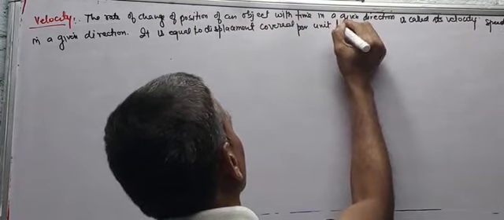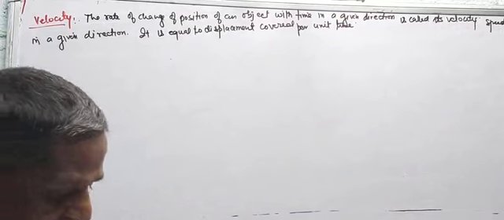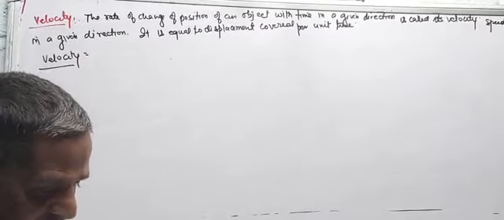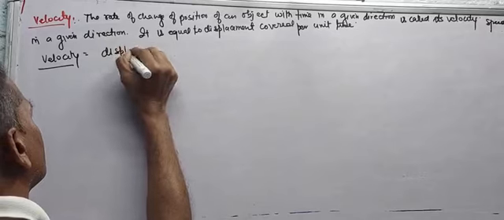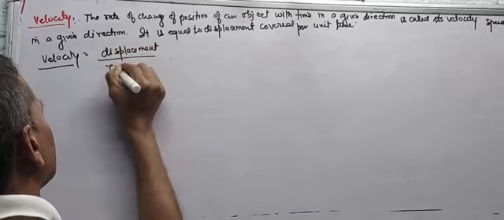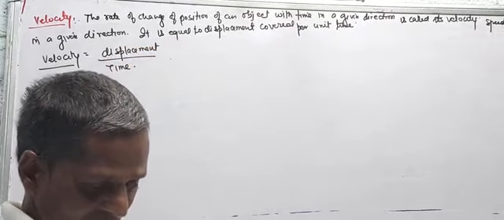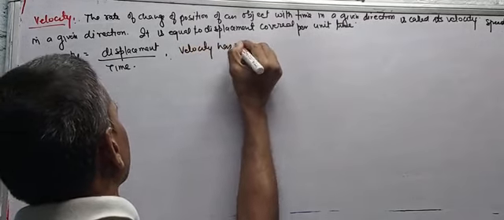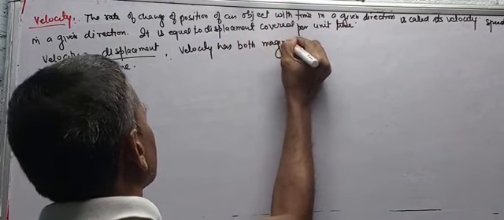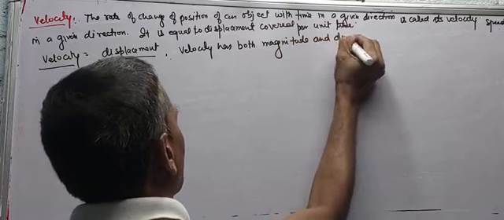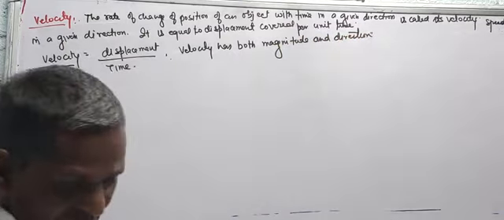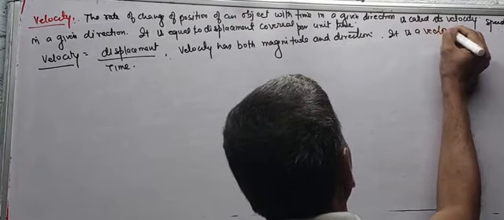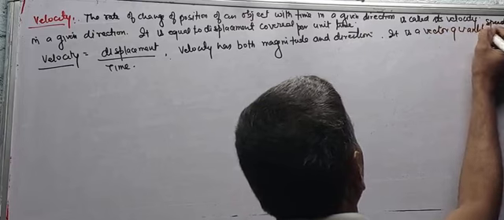Velocity equals displacement upon time. Velocity has both magnitude and direction. Velocity is a vector quantity.